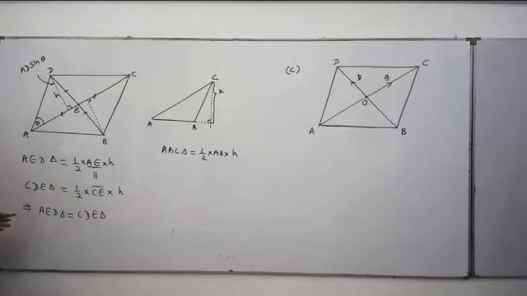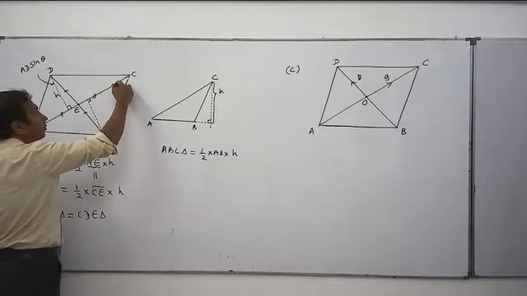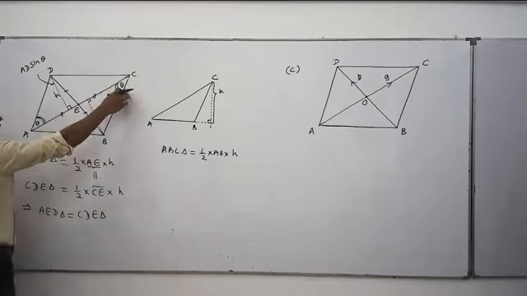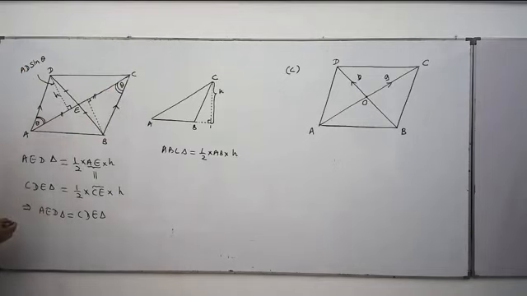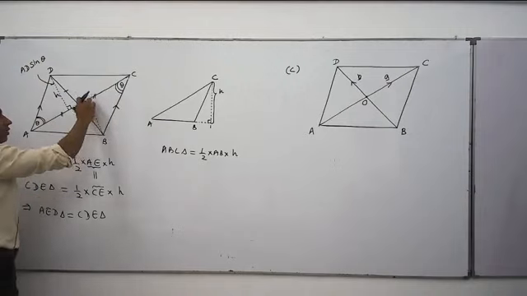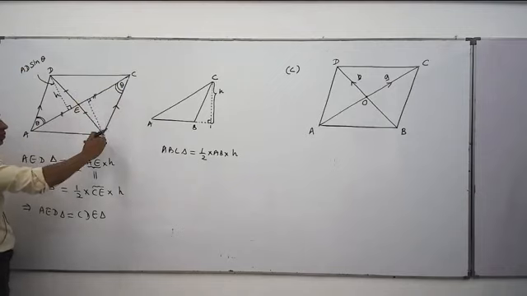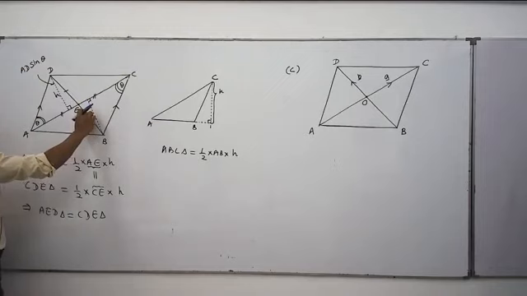Right. You know, when this is theta, this is also theta. By what? Alternate angles. These two are parallel, no? People, then what is this height? That height is what? BC sine theta.